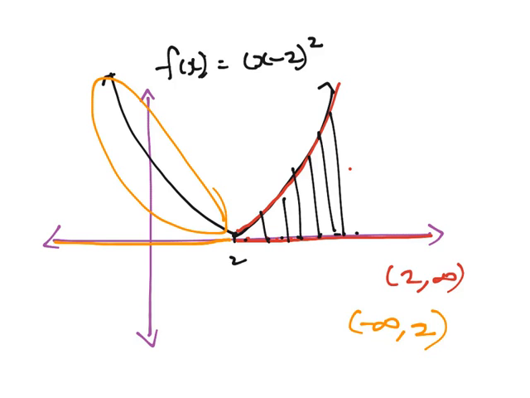Fine. But what if I give you a slightly challenging problem? Let's say I give you f of x equal to x squared minus 4x plus 3. What if I give you this function and ask you to find where the function is increasing or decreasing?